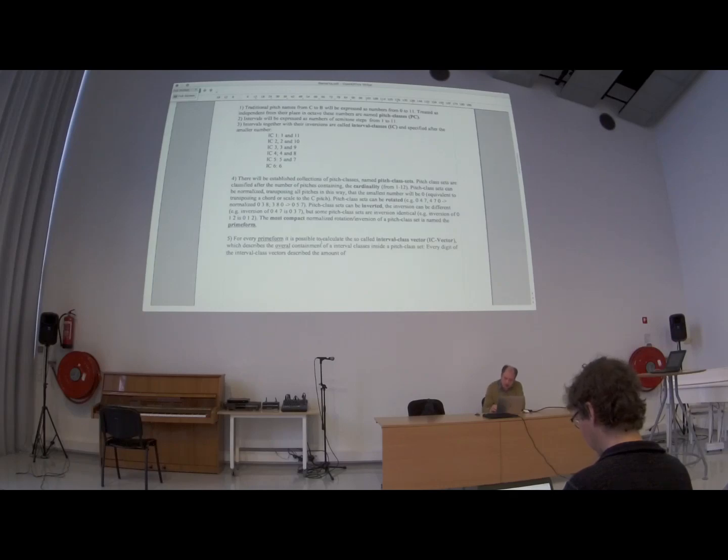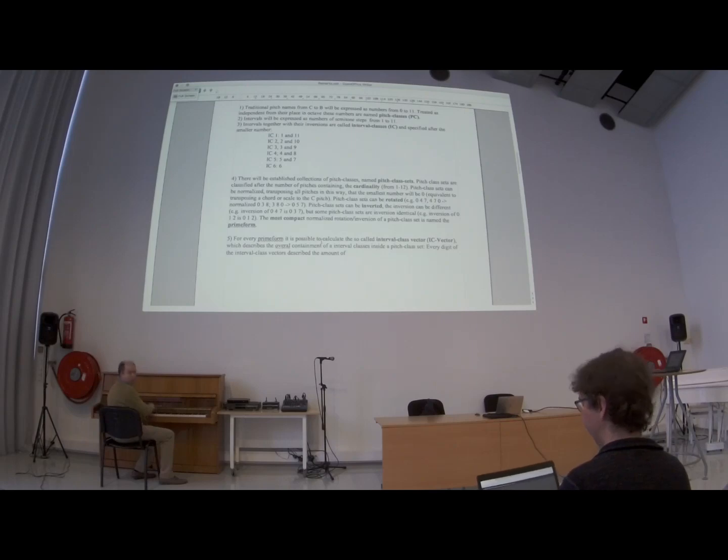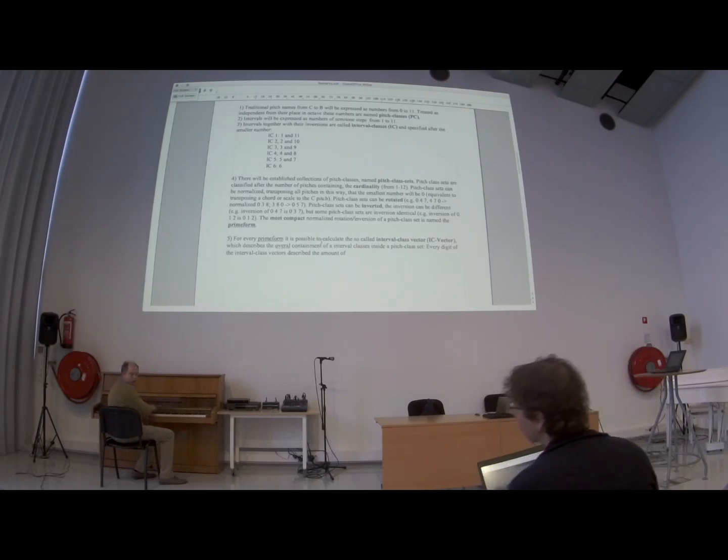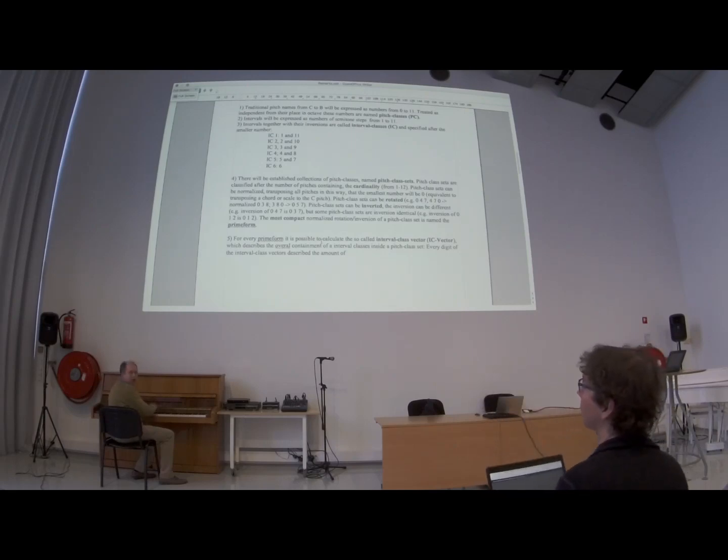So generally, of course, for classification we see what is the most compact version. So maybe I demonstrate it again on the major and minor triad. Of course, if this is the inversion, then we see that the E flat is closer to the starting pitch, and of course generally if we rotate that, this is wider.